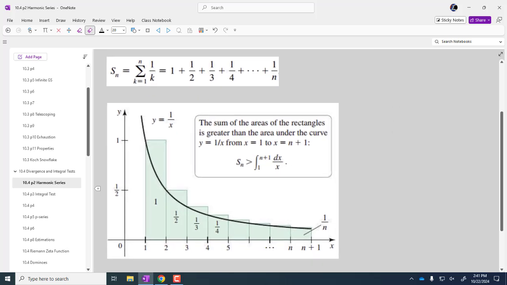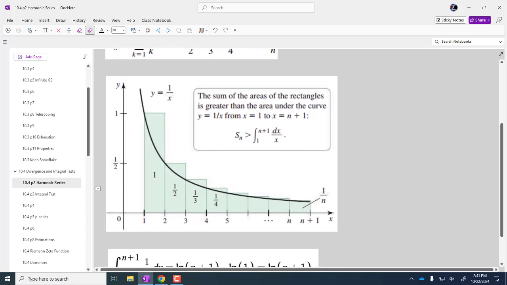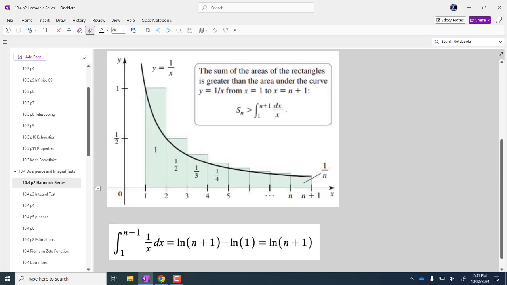In order to prove the harmonic series diverges, first we're going to look at S sub n, and then see what we can gather from it. What I'm showing you here is a visualization for S sub n.